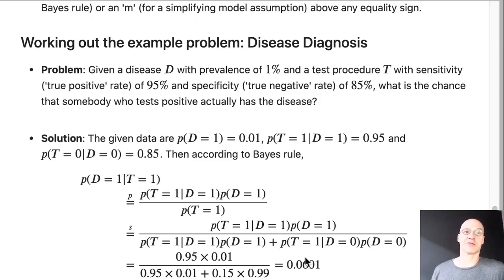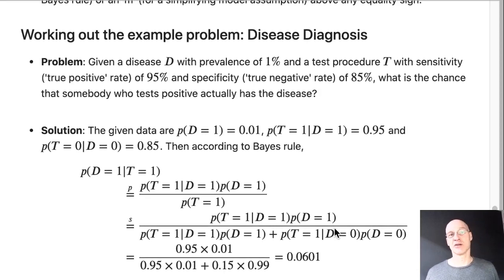So they're quite different, and all you've done here is repeatedly apply either the product rule or the sum rule. And you can use marginalization to extend the conversation. Here in the denominator we had p(t=1), but p(t=1) is not given. So what we did is we went the reverse way of marginalization.